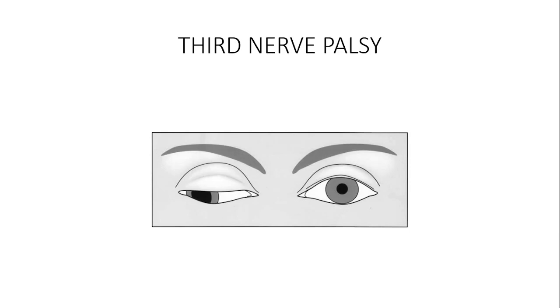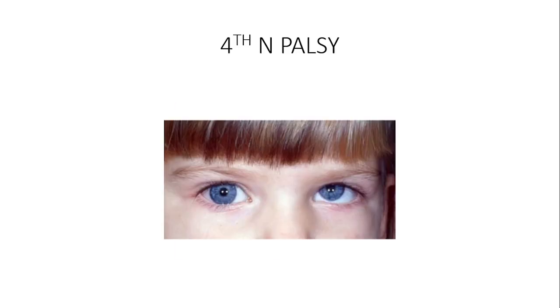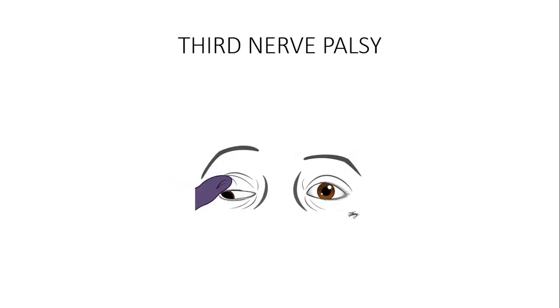But if the pupil is spared, ladies and gentlemen, don't waste the patient's money by asking him or her to go and do CT scan or MRI of the brain. So this is what you should know about so far as the third cranial nerve palsy is concerned. Look at this particular picture. The examiner needed to even lift the eyelid because of the ptosis from third cranial nerve palsy before he could see the ocular features.